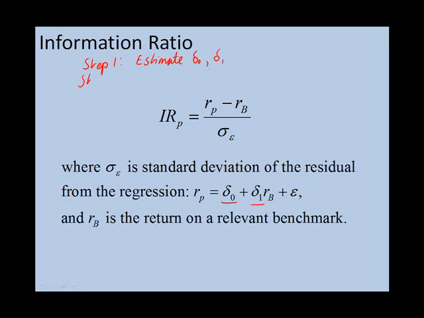Step 2, we're going to calculate predicted returns. Predicted returns are going to be equal to the estimate for delta 0 plus the estimate for delta 1 times the return on the benchmark.